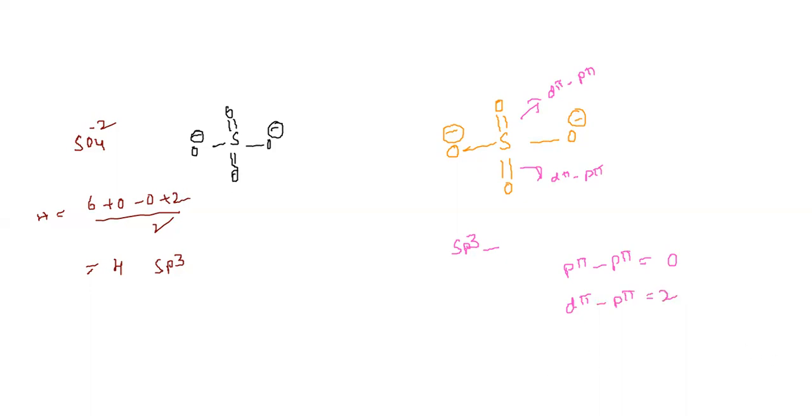Here is one more example, XeO3. For XeO3, we already discussed that the hybridization is sp3. The number of lone pairs here is 4 minus 3, so the lone pair is 1. Here we write the structure: double bond O, double bond O, double bond O, and one lone pair.